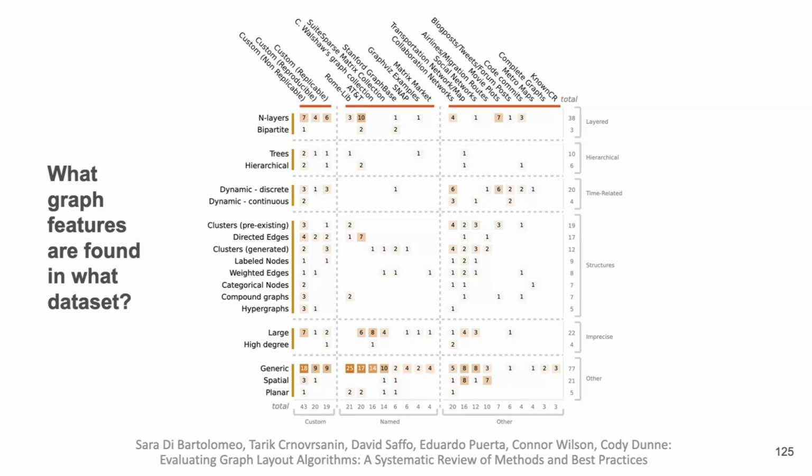One part that this visualization is communicating to me is the more people had to use custom datasets, the more a dataset with those features was missing. So custom means that you have generated it yourself. You have generated it yourself because it was not there. You could not find a dataset that was easy to use for the graph feature that you were trying to address with your layout algorithm.